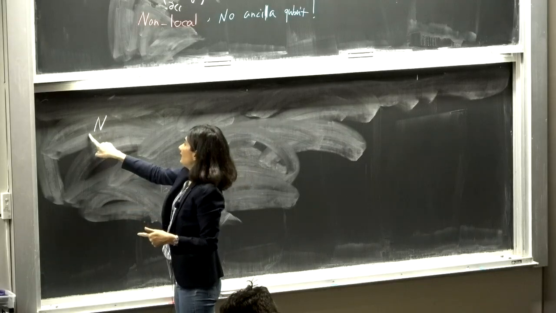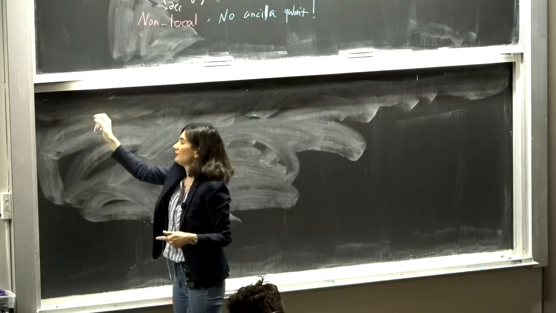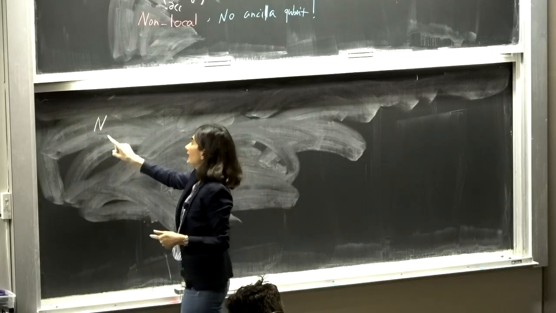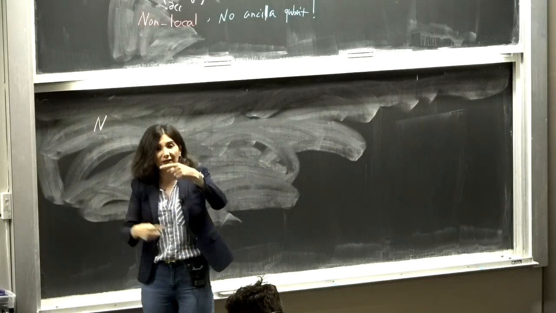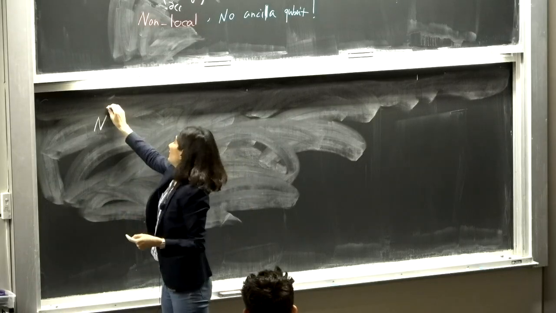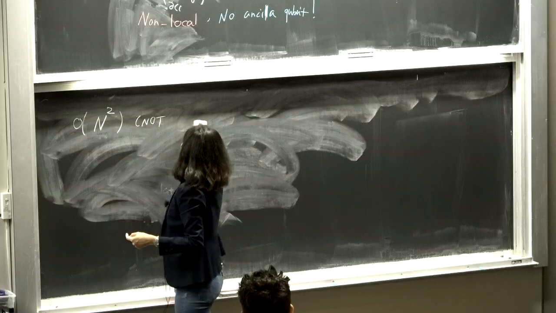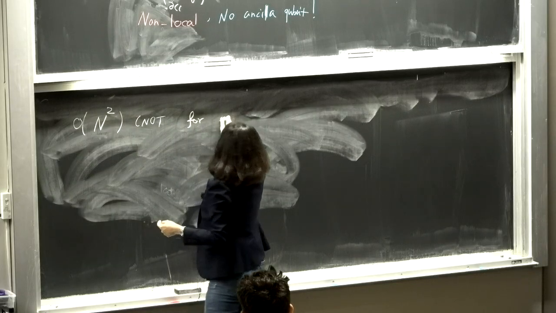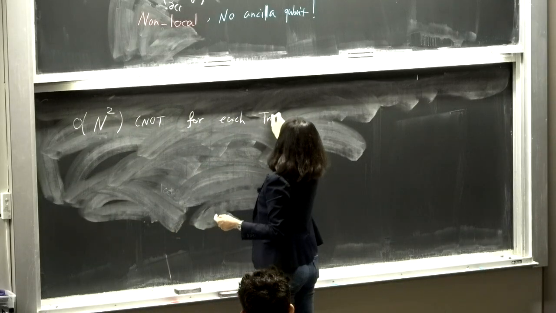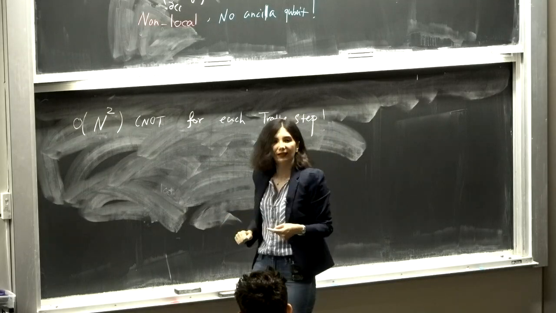So if it was just nearest neighbor interactions, you only need n entangling gates, or 2 times n, but I'm not keeping track of that. But because of the ZZ interactions, you have to connect them for all pairs. So you get order n squared CNOT gates for each Trotter step. Okay?